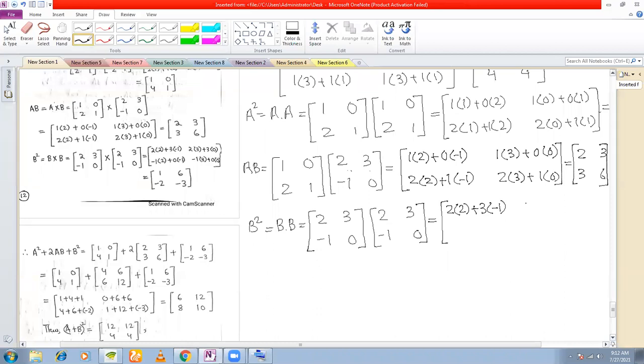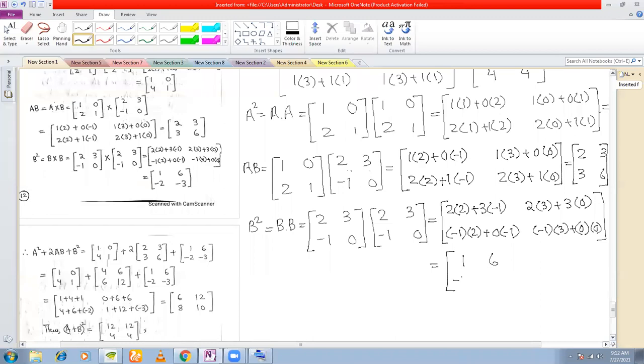Next, first row, second column, 2 into 3 plus 3 into 0. Second row, first column, minus 1 into 2 plus 0 into minus 1. Next, second row, second column, minus 1 into 3 plus 0 into 0. So you're getting the matrix B square here as 1, 6, minus 2, minus 3.